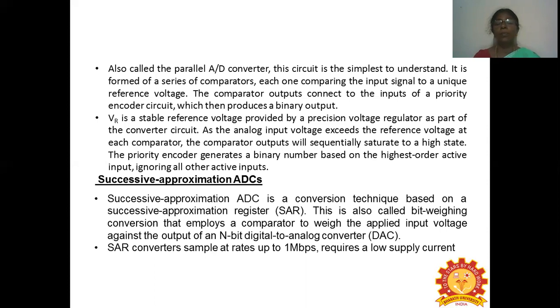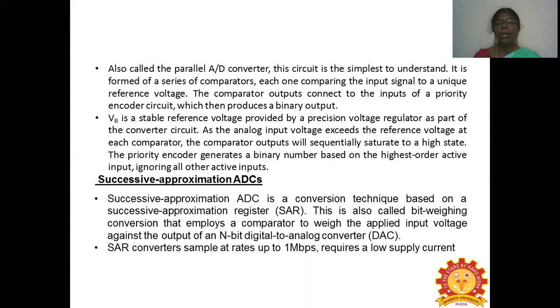Successive approximation analog to digital conversion is the most important conversion technique based on a successive approximation register. That is a very, very important device here. This is also called bit weighing conversion, which employs a comparator to weigh the applied input voltage against the output of an n-bit digital to analog converter.